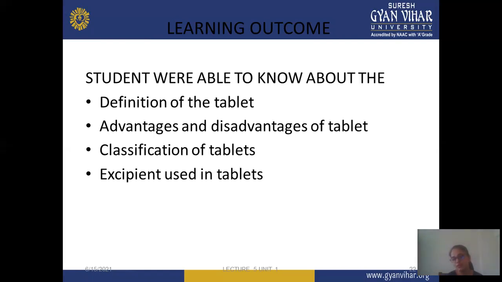But there are certain disadvantages: small children or unconscious patients cannot take tablets, and certain tablets have a bad odor or taste. In this condition, the tablet is not used in a proper way or is not taken easily. These are only a limited number of disadvantages. Otherwise, overall the tablet is good and largely used in the market.